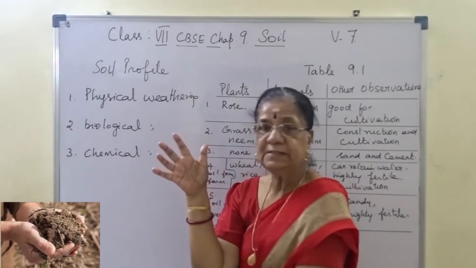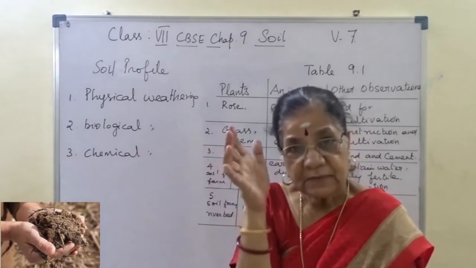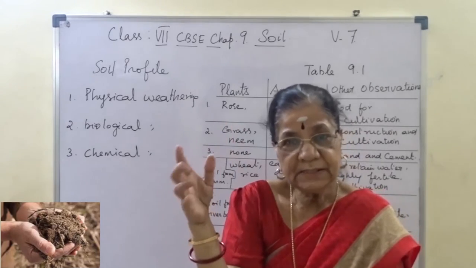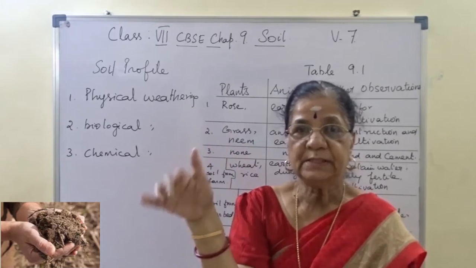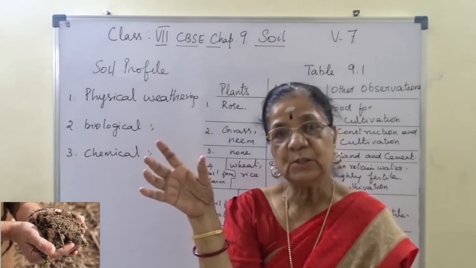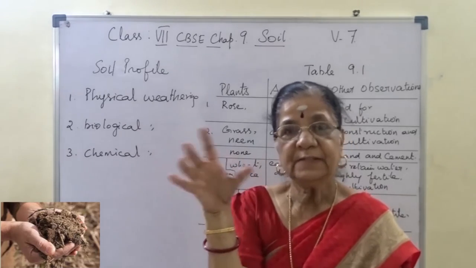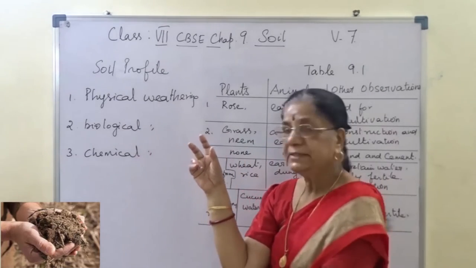Whereas biological weathering is when matter becomes dead, decayed and decomposed, and then the soil particles form. That is biological weathering. And also due to heavy wind and air and climatic change.